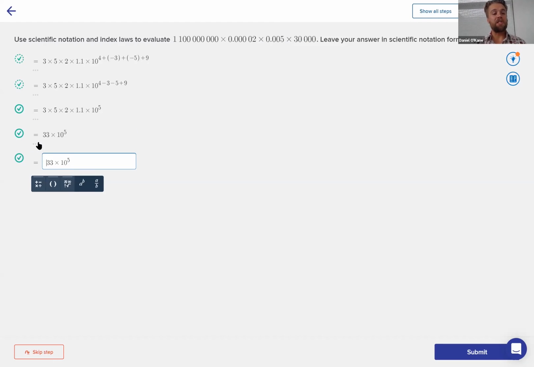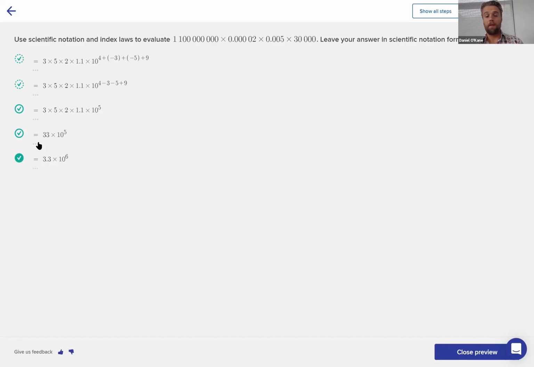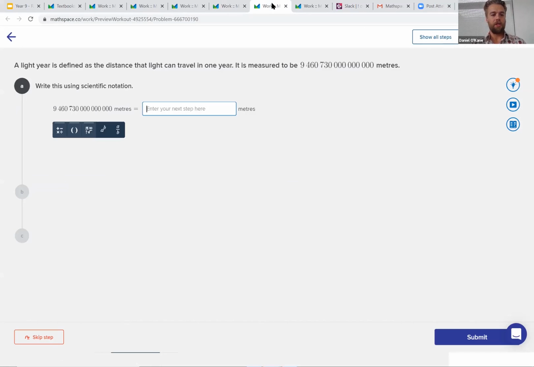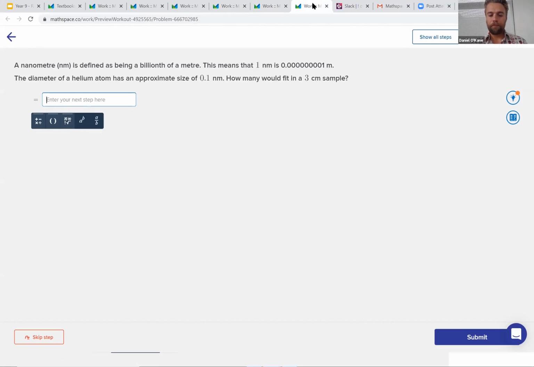But then if I'm going to answer this in scientific notation, I need to take the decimal point back 1, okay? Which means I have to then add another 1 to the power. So 3.3 times 10 to the power of 6 becomes the answer to this question. So I did rush through this question a little bit because I want to get to the next question, because this question, no, I'll do the other one, the next one.